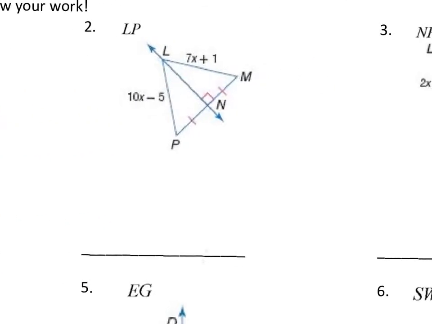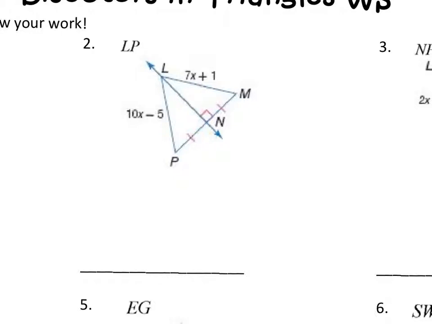Okay, and looking at number 2, here we have a different type of problem. It's a perpendicular bisector, bisecting this segment into 2 equal parts. Which means if it's a perpendicular bisector, L is the same distance from P as it is from N, which means these two segments are congruent. Solve for that.